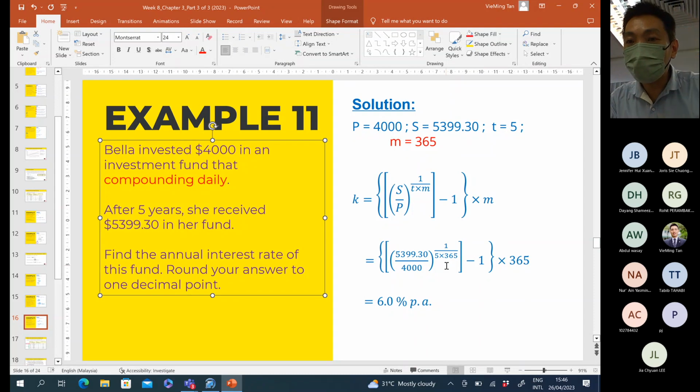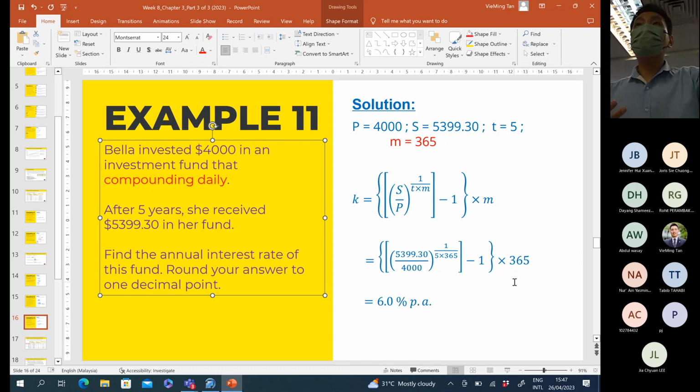Minus 1 is the constant number, and then multiply by 365, which is the M. We need to simplify the number inside this bracket first, then the power. After that, minus 1, and then multiply with 365. So it's about 6.0% per annum. This is the annual rate.